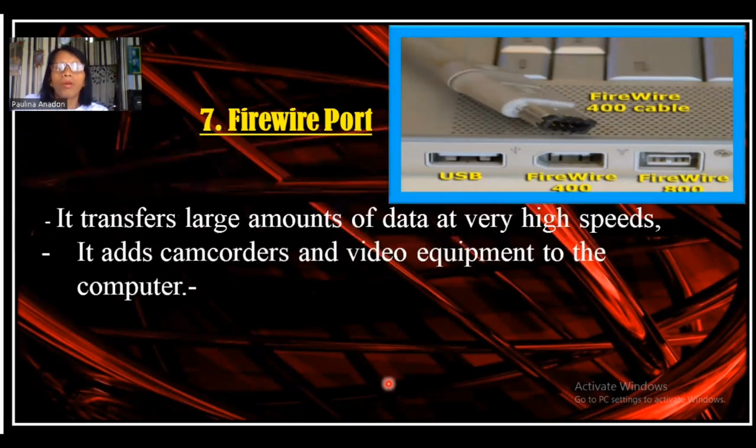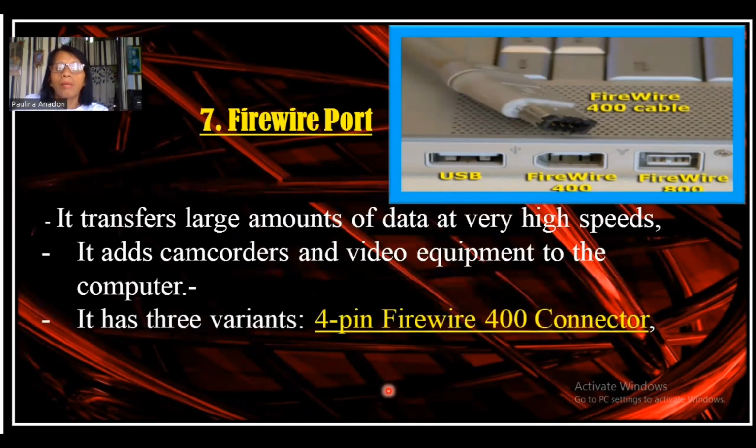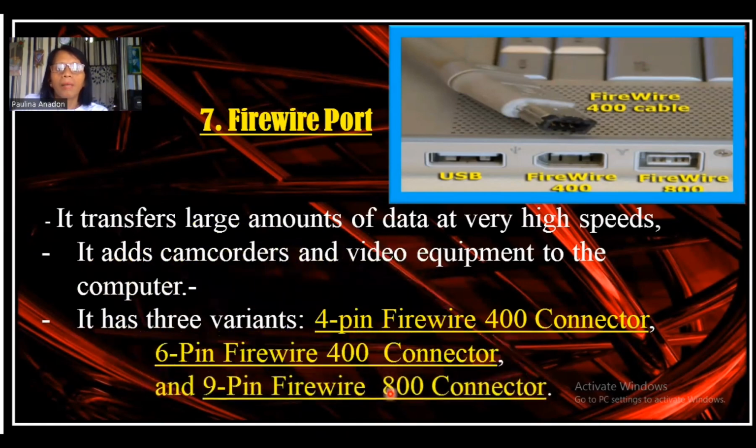It adds camcorders and video equipment to the computer. It has 3 variants: the 4-pin firewire 400 connector, 6-pin firewire 400 connector, and the 9-pin firewire 800 connector. Shown in the image are only 2 variants, the firewire 400 and the firewire 800.